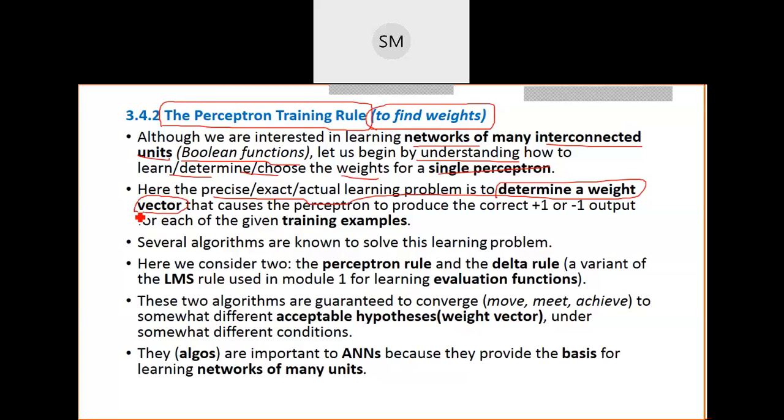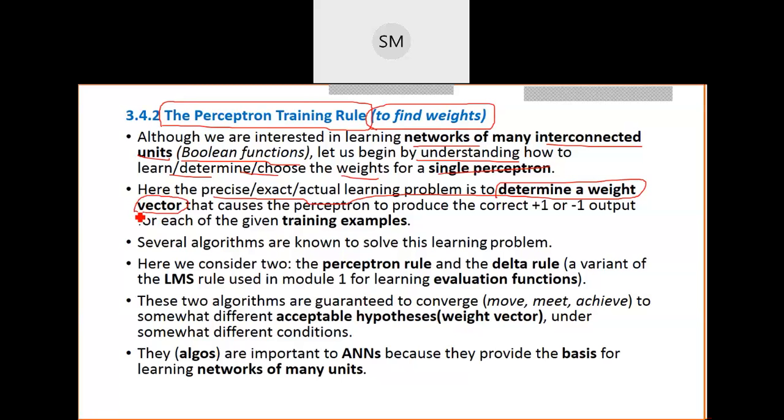Weight vector means a set of values. It may be white blocks or black blocks. A white block indicates a positive weight, as I already told in today's morning class and the previous class, and black blocks indicate negative weights.